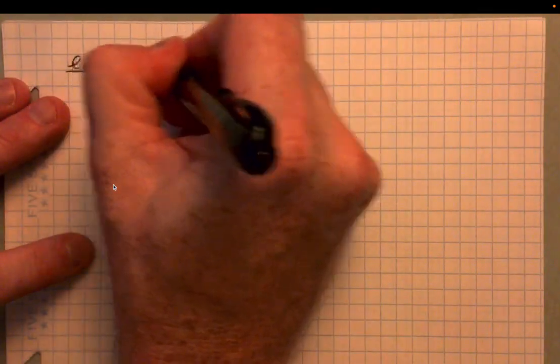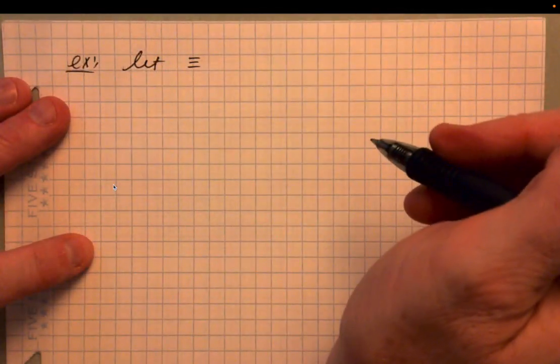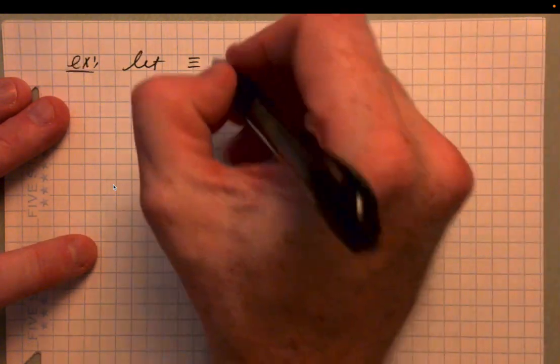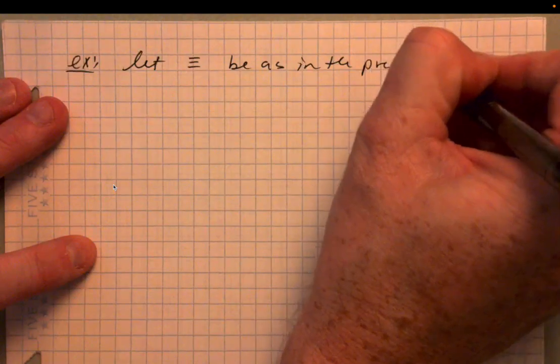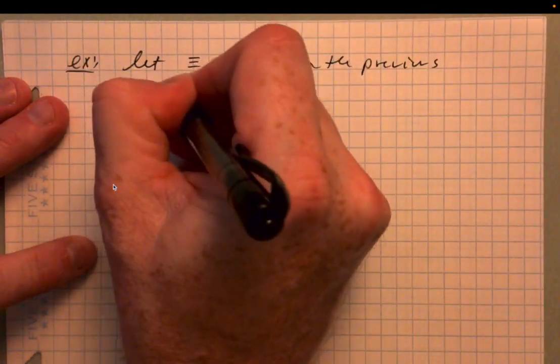Let's do an example with this relation. So let's let this equivalence be as in the previous example, and let's let n equal 7.